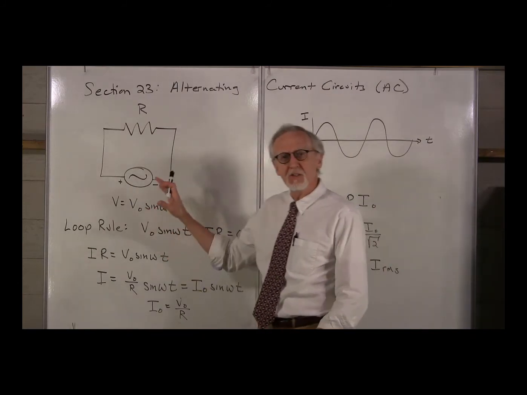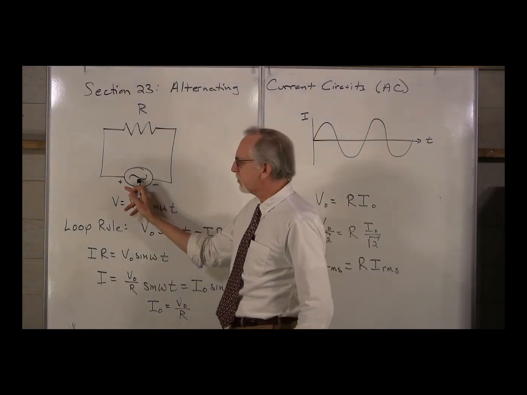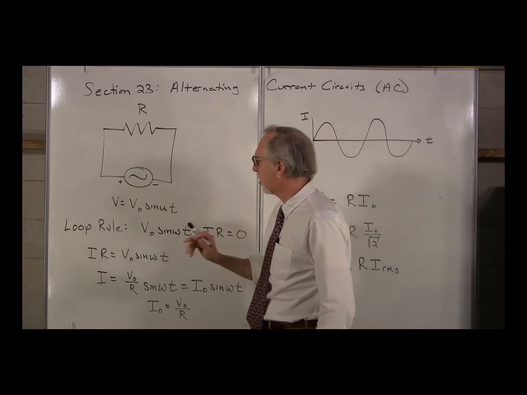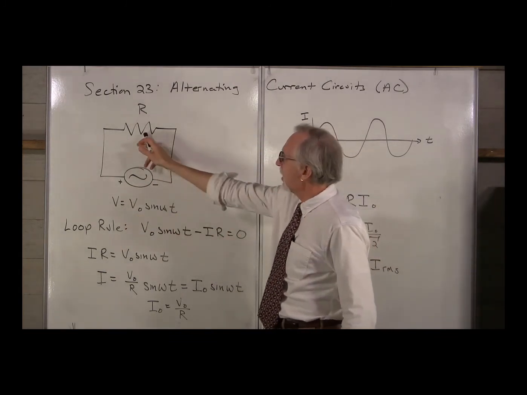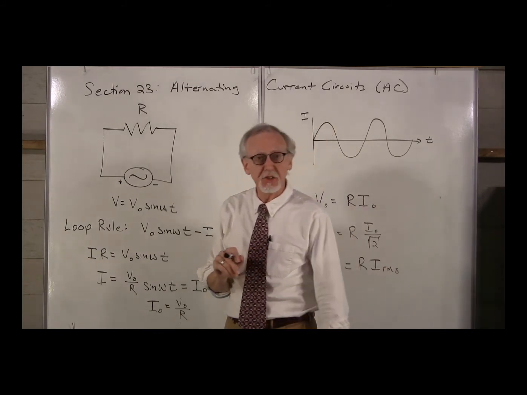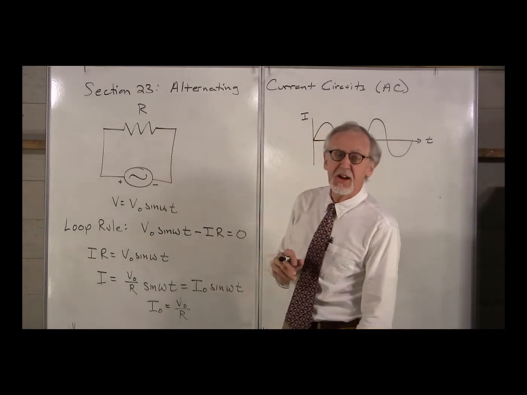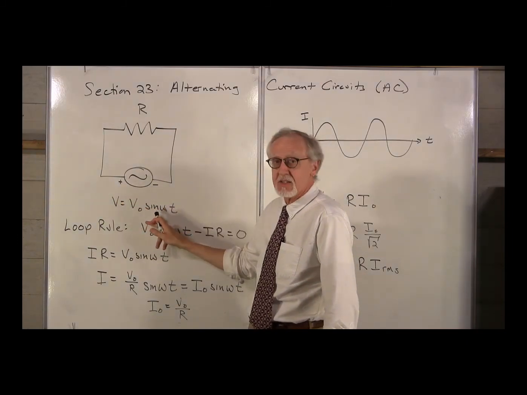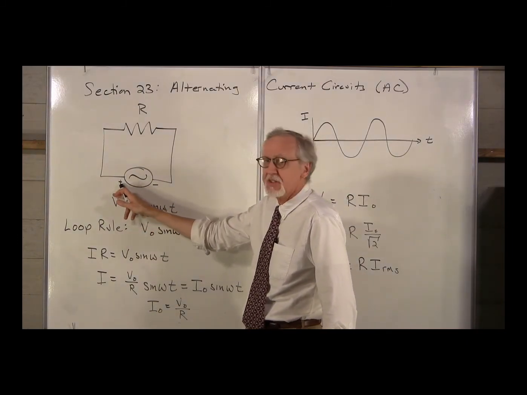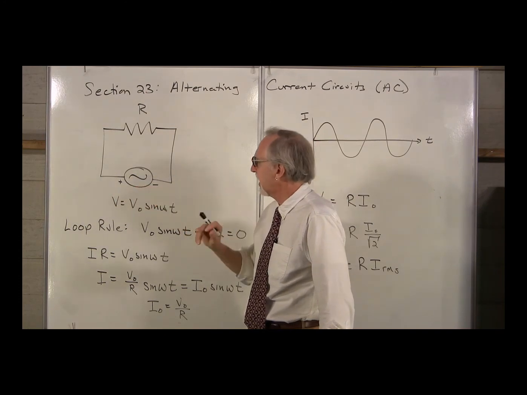So here we go. Here's our circuit. We've got our AC voltage source applying a voltage of V0 sine omega t, and we're going to connect it with a resistor. Let's assume the resistor has a resistance R. Again, we're going to assume that when sine is positive, that means the left side is positive and the right side is negative.